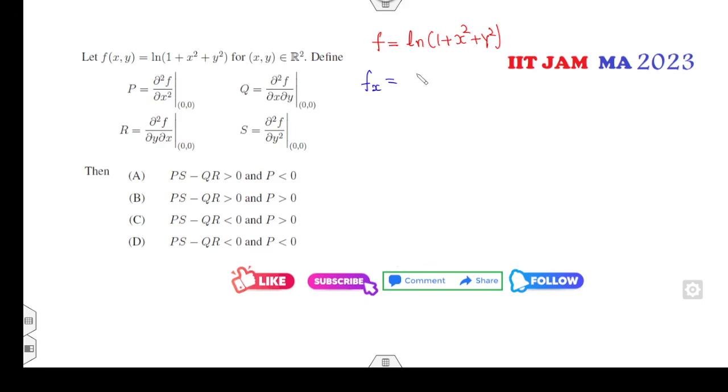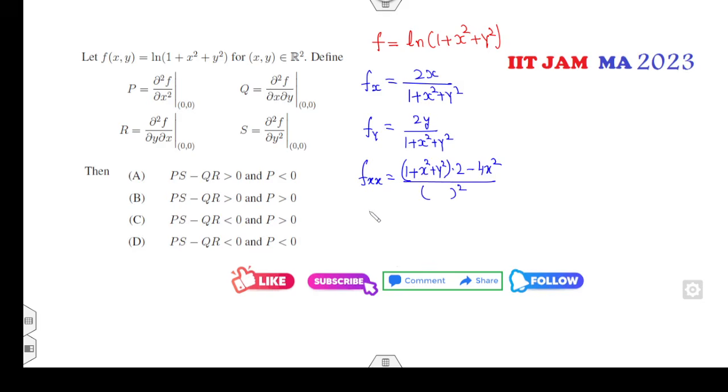You can find the partial derivative with respect to x: fx is 2x over 1 plus x square y square, and fy is 2y divided by 1 plus x square y square. Once more we need the derivative, so use the u over v rule. That will be 1 plus x square plus y square into 2 minus 4x square, and below it the whole square, that is fxx. Also the function is symmetric, so what is fx is the same as fy with x and y replaced. Replace x and y here too and the answer will be the same.